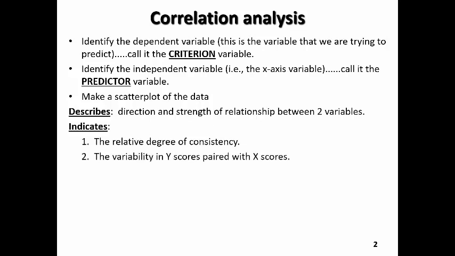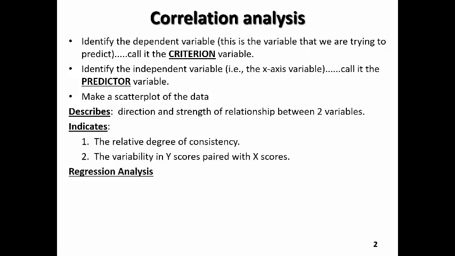And in doing so, we also examine the variability in the y-scores. So that's typically on an xy plot. That's our criterion variable. Well, how do the scores along the y-axis vary with respect to the variability of the scores along the x-axis or the predictor variable data?